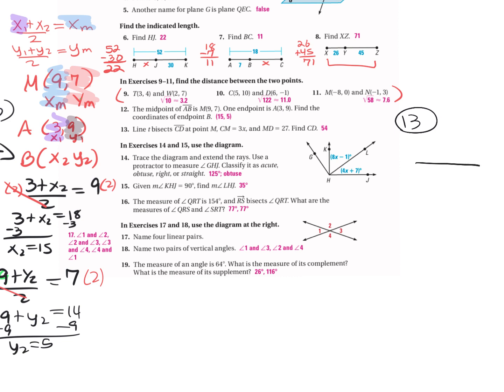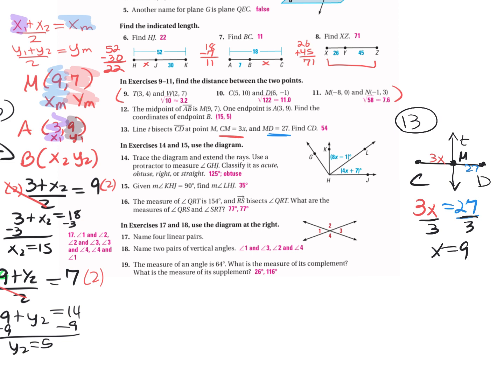So I have CD, a segment here, and it's telling me that line T bisects CD at point M. So CM, this side, equals 3x, and this side, MD, equals 27. So what I need to do is set them equal to each other. 3x equals 27. I'm going to divide both sides by 3, and I get x equals 9.